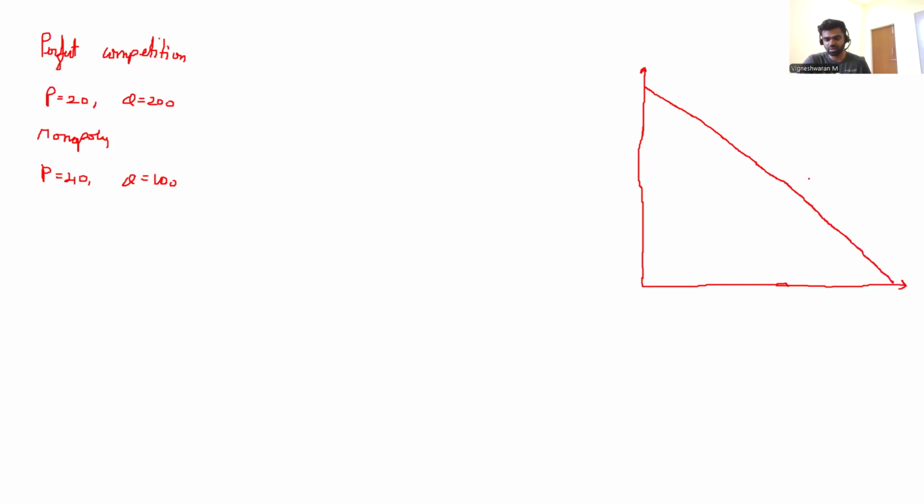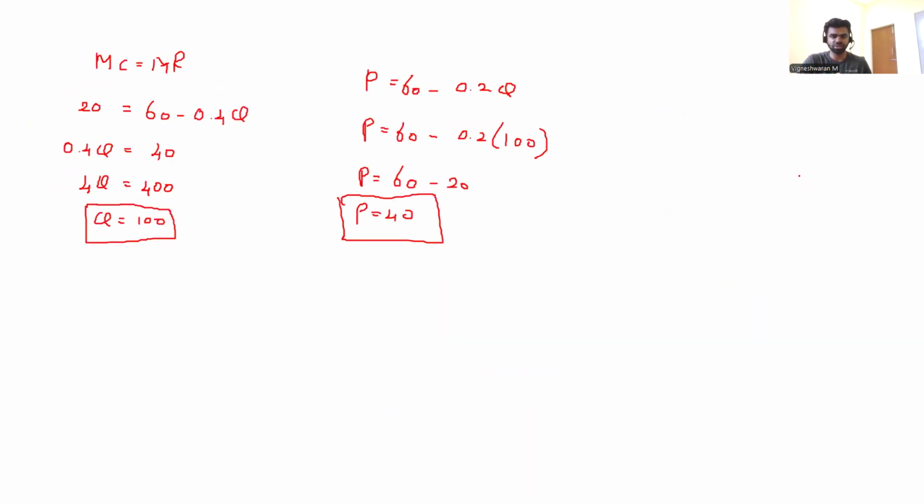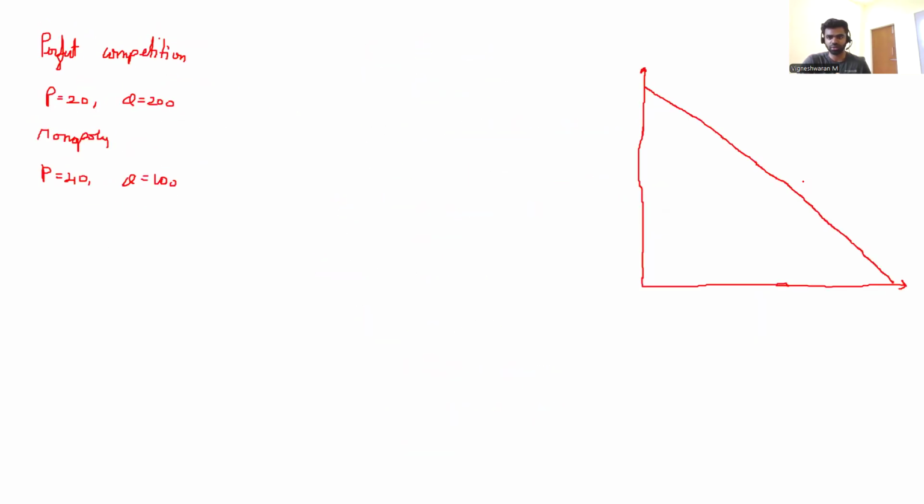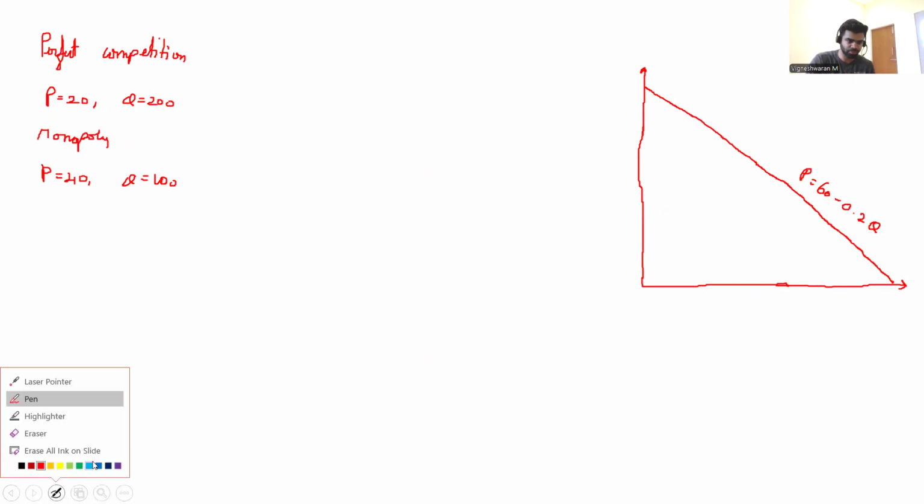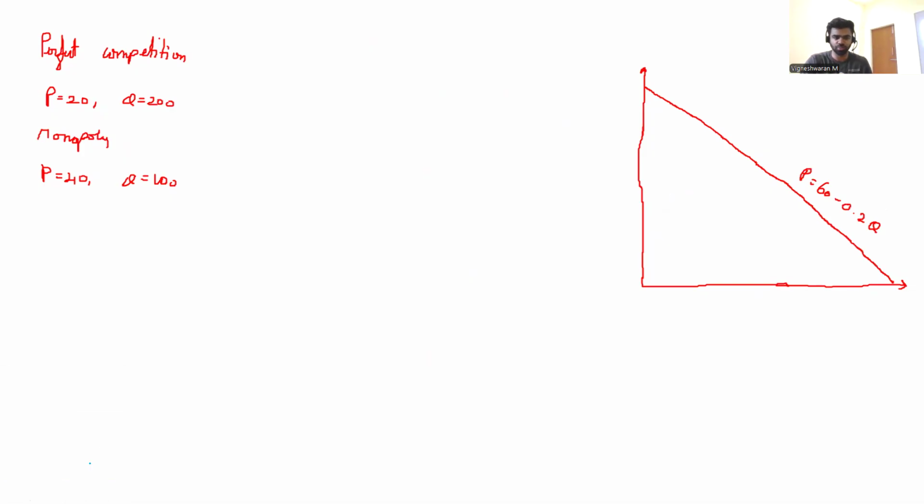What is the equation? P is equal to 60 minus 0.2Q, right? For perfect competition, I will use one different color, blue color.